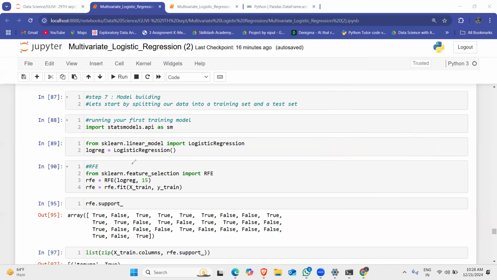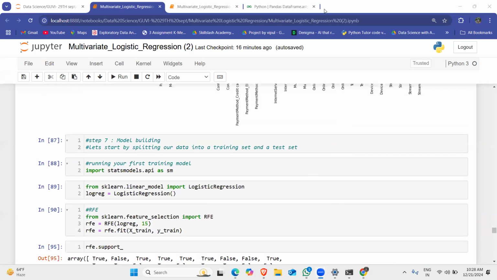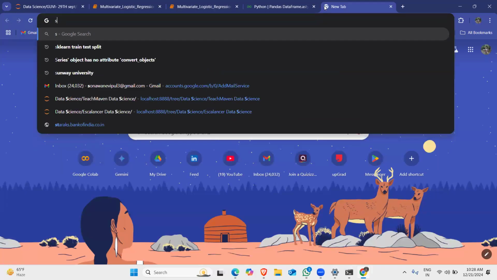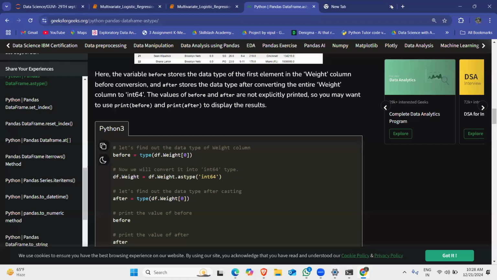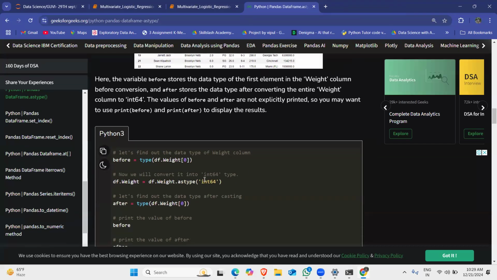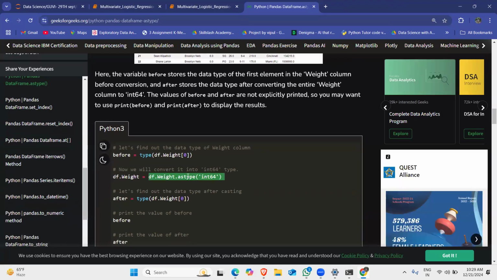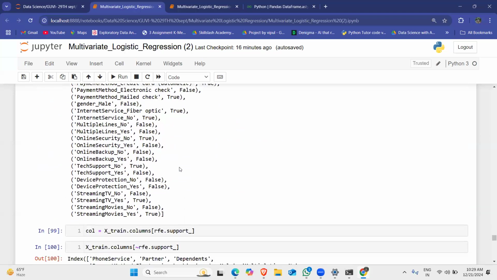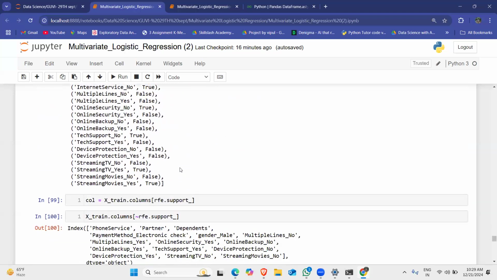Still, you will face some error, and you need to resolve it by copying that particular error, having a look at the Stack Overflow website, or taking help of your technical skill set. As I was already aware of this astype function, I used that, and you can also do the same, right? That's the reason we were getting that.